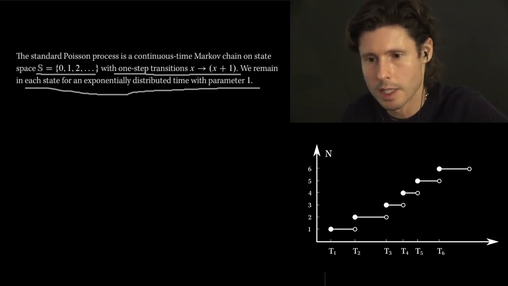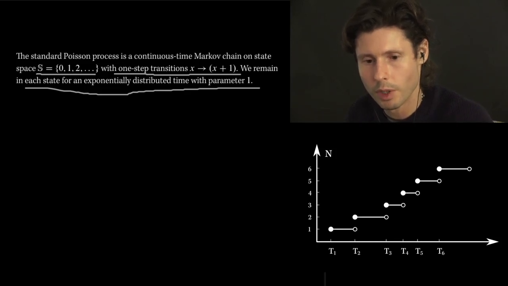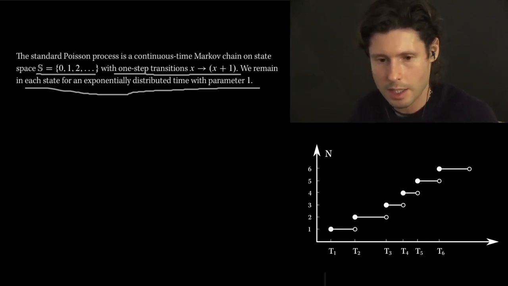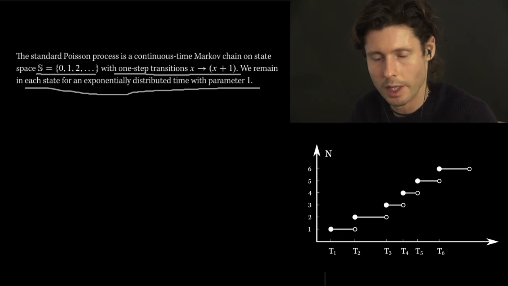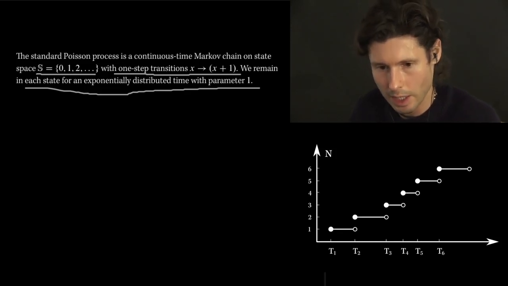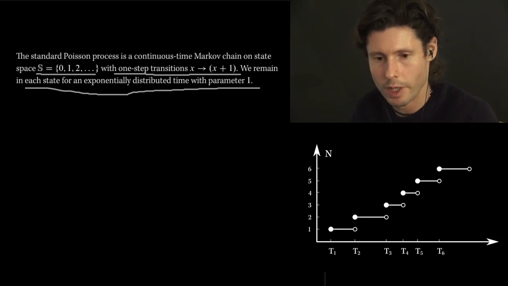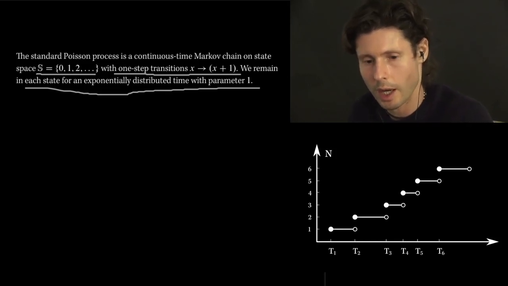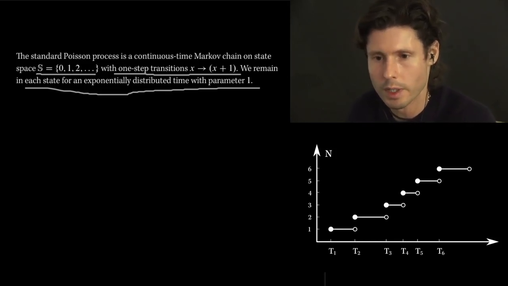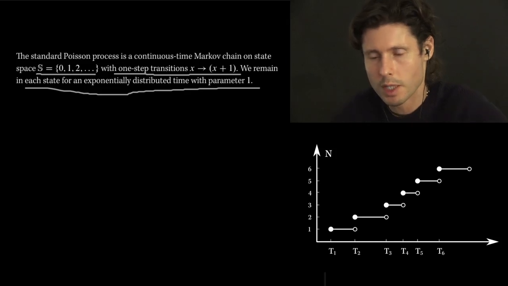These times that we remain in each state, on the picture below me, you can see as the length of each one of those steps on that staircase. So the time t3 minus t2, the length of that step, is an exponential random variable, generated according to that distribution, with parameter 1 for the standard Poisson process.